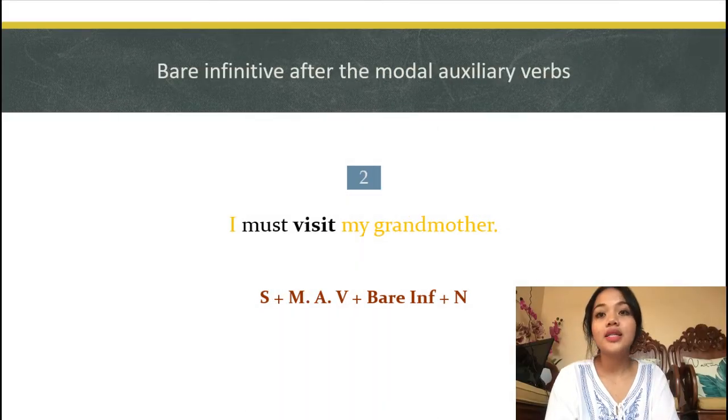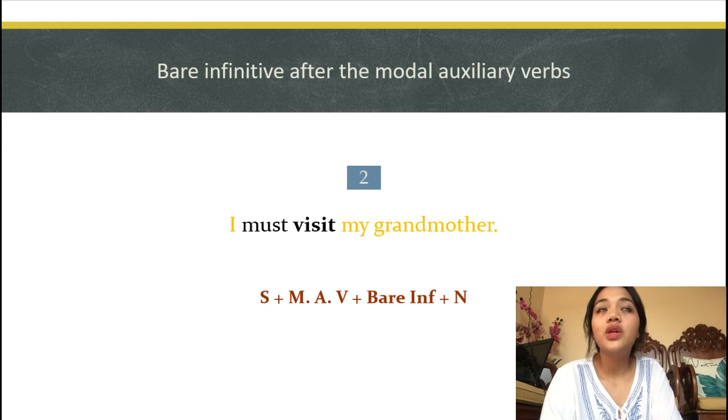Okay, well, the next example is after the modal auxiliary verbs. The example is I must visit my grandmother. I must visit my grandmother. So visit here is the bare infinitive. Whatever comes after the modal auxiliary verbs is always a bare infinitive. So we don't need to add the to particle here. Just take it out. We don't need it.